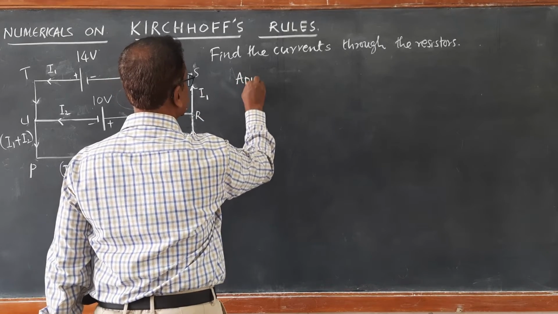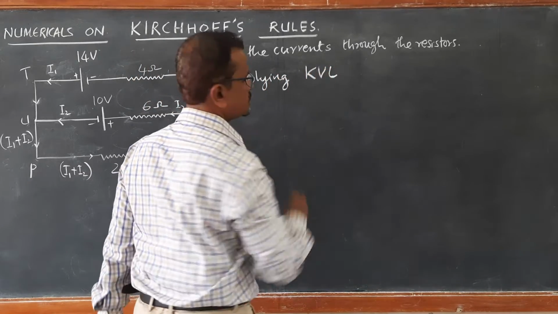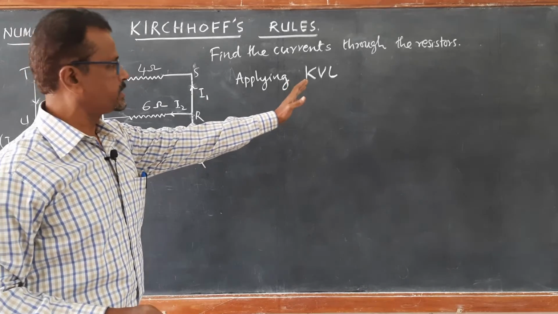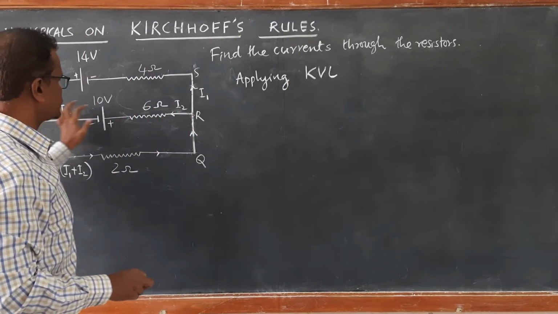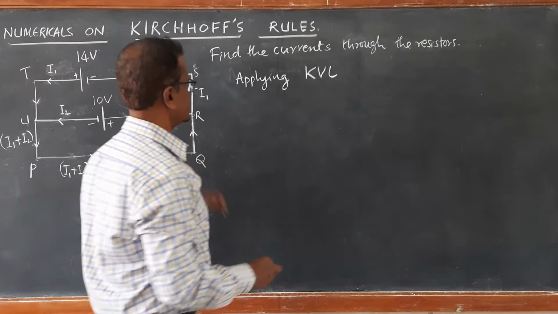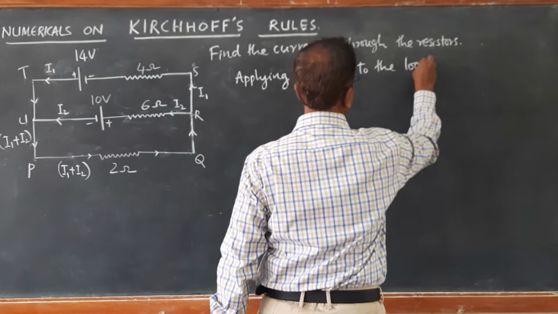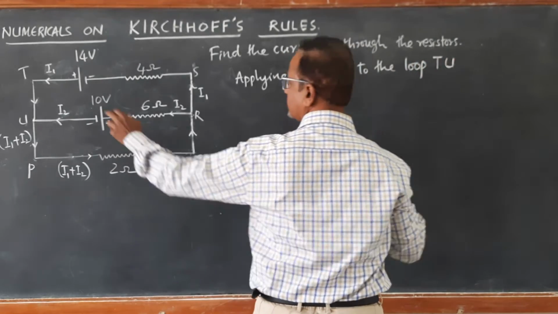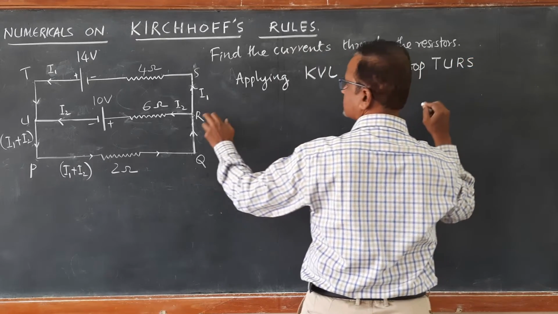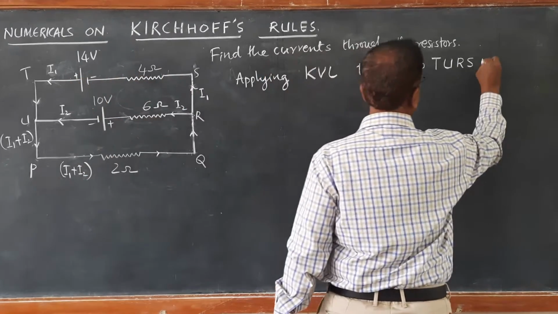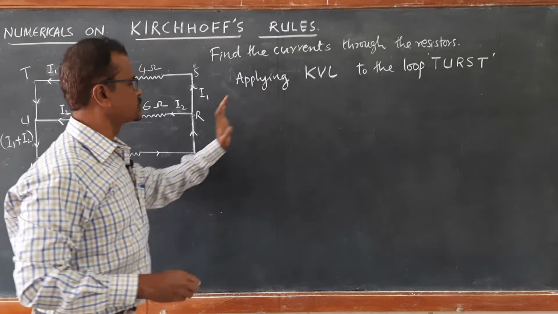Applying KVL, Kirchhoff's voltage law, that is Kirchhoff's second rule, to the mesh, to the closed loop TURST. That is, you are going back to the same point, so that is why it is a closed loop.